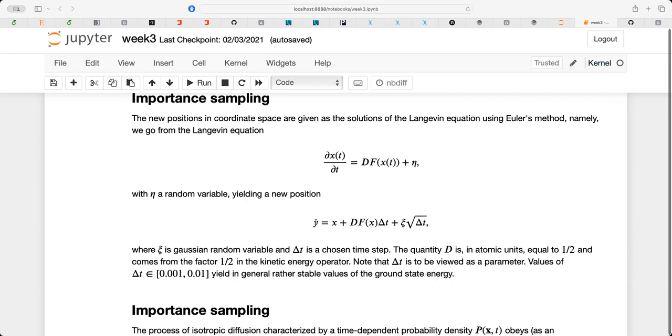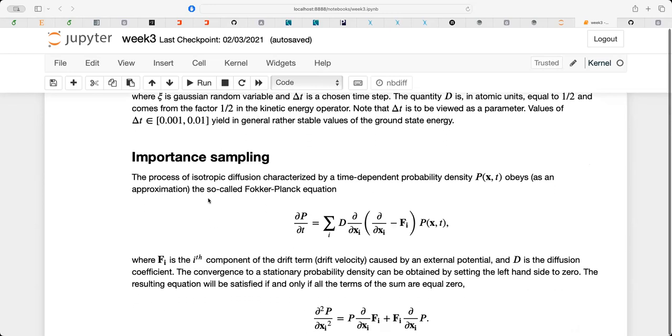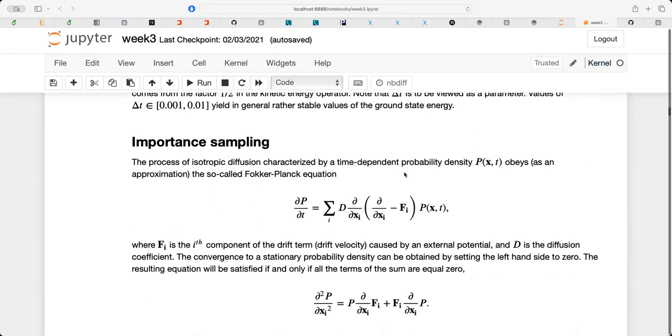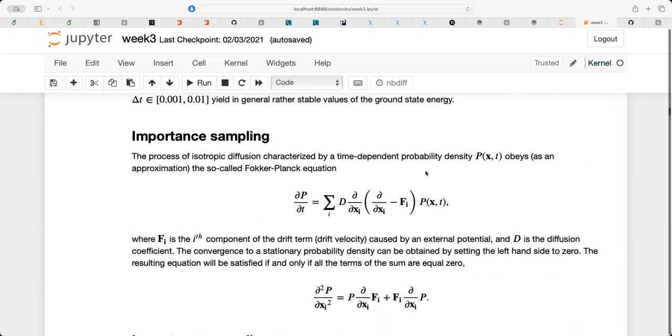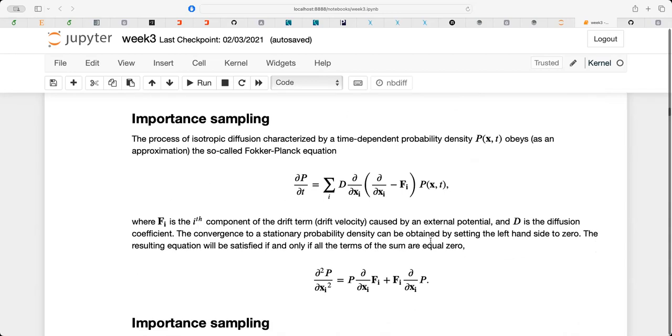So instead of having y equal x plus a step, which we tune, we now have a movement which follows this object F. Now, what you can do is to assume that you have isotropic diffusion, and we have this time-dependent probability density, where F is the drift term, or drift velocity, which is caused by some kind of external potential.